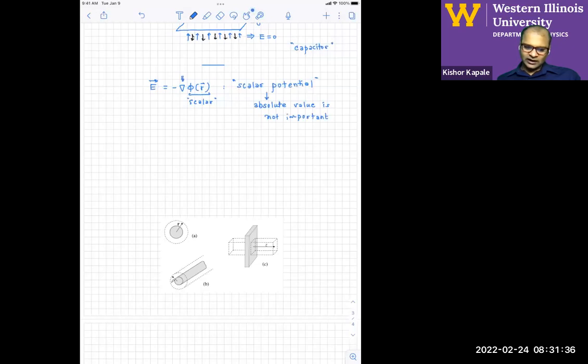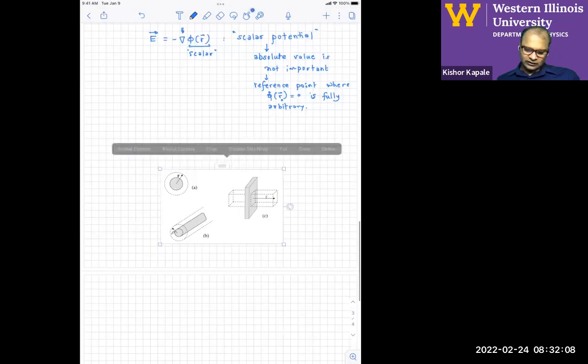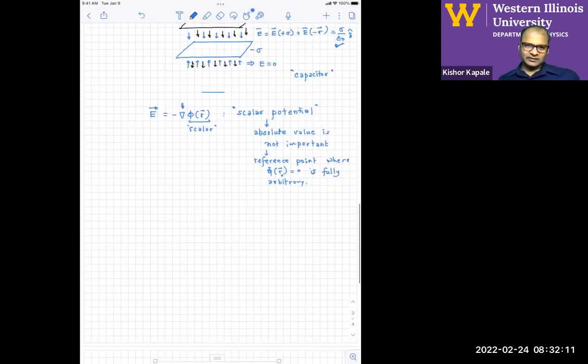And that means the reference point where phi of r is equal to 0, let's say phi of r0 is 0, is fully arbitrary. You can choose, according to your convenience, where you want the potential zero point to be. You have that freedom because it's only the gradient that has to be accurate, and the physically meaningful quantity is the electric field.